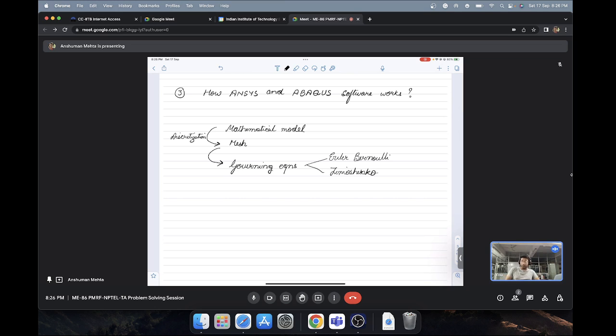Timoshenko being the nastier one, and Euler-Bernoulli is much simpler than Timoshenko. But it's like idealization. So this is more ideal, and this is more real.